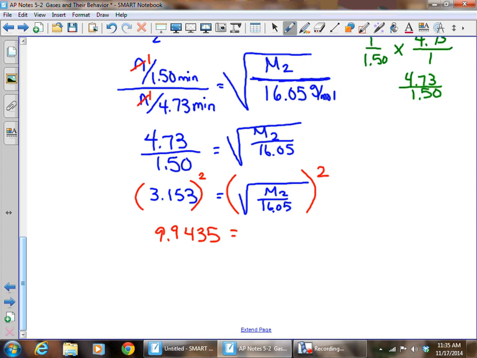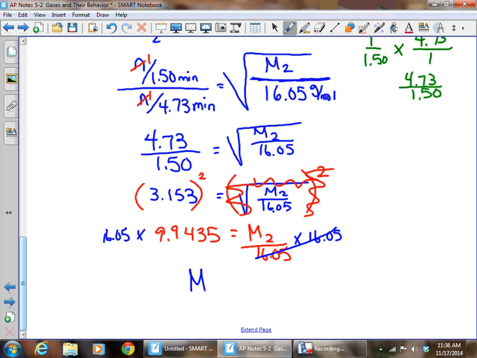And remember, squaring a square root simply gets rid of that whole thing. We end up with M2 over 16.05. And all I'm going to do now is simply multiply both sides by 16.05. And I end up with M2 equal to 160, if I want 3 sig figs, grams per mole.